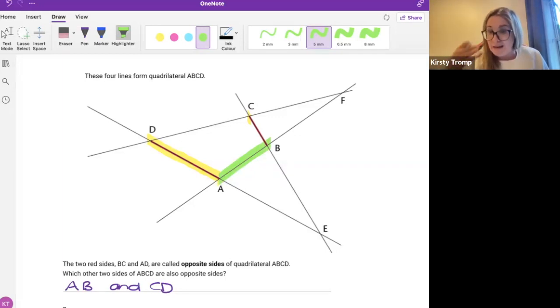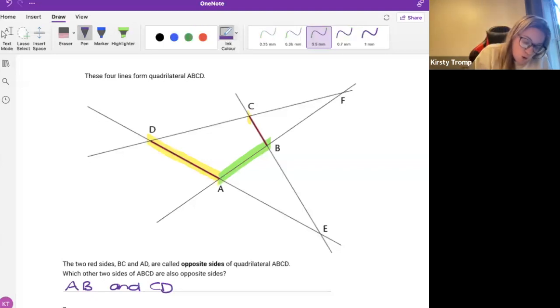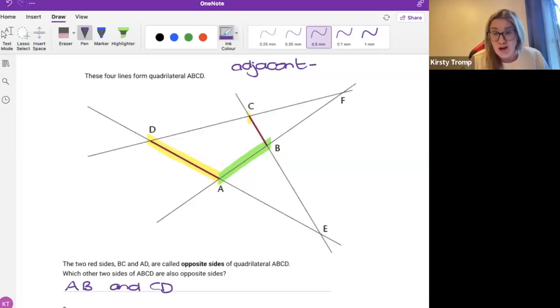Now that's a new word for tonight that we haven't gone over before. Maybe you've learned about it in maths before, but let's talk about the word adjacent very quickly. In geometry or in maths, adjacent lines mean that the lines lie next to each other and share a common vertex.